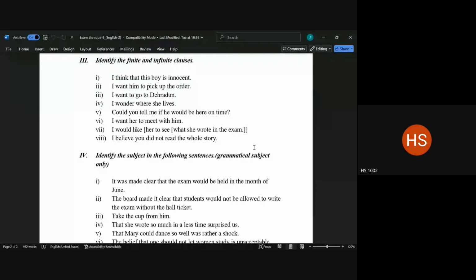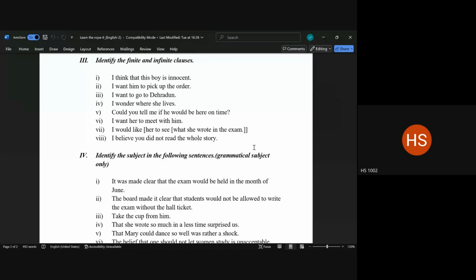Then, question number 2: I want him to pick up the order. First of all, you need to identify your subordinate clause. Ma'am, to pick up the order? How about him? I do not know if this was explained to you, but these kinds of sentences are called small clauses. I don't think you have that in your syllabus.